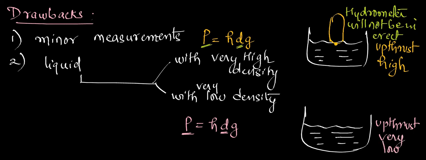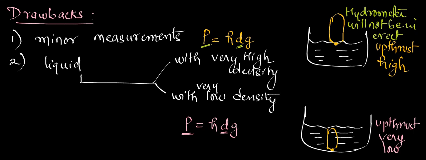Upthrust is very low. So in that case, what happens to the hydrometer? It will be sinking. Because the upward force acting, the buoyant force, is negligible, very, very low, the density of the hydrometer will become large and it will completely sink down. So in this case, will it give you the complete reading? No, ma'am. So that is a problem with the hydrometer.